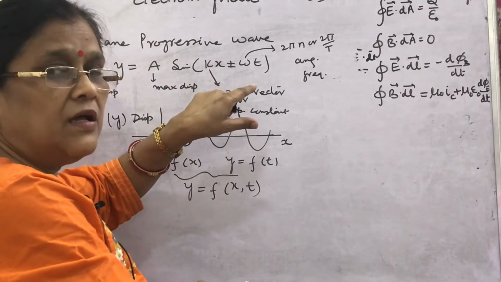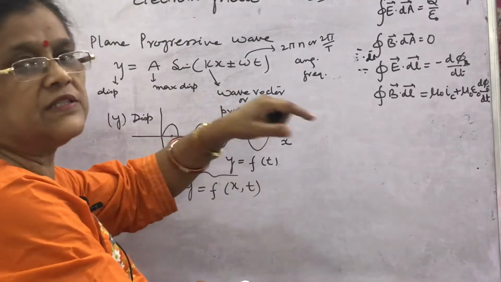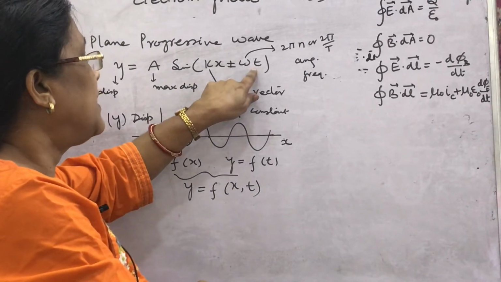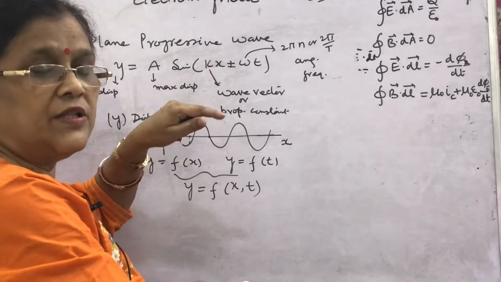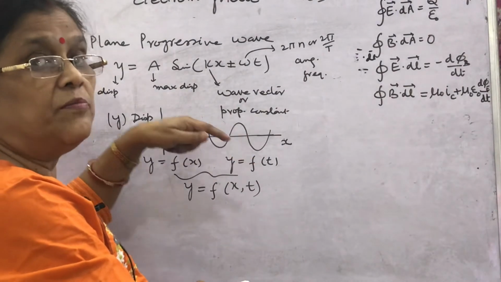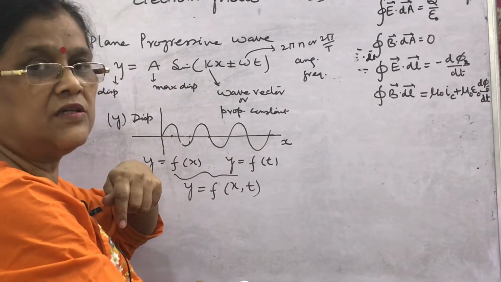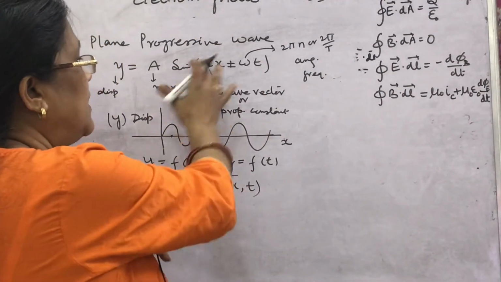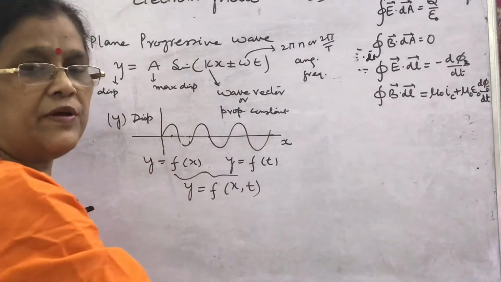What is the meaning? The wave is moving along the negative x direction. And if kx minus omega t or omega t minus kx, then the wave is moving along the positive x direction. All this detail I have given about the plane progressive wave.